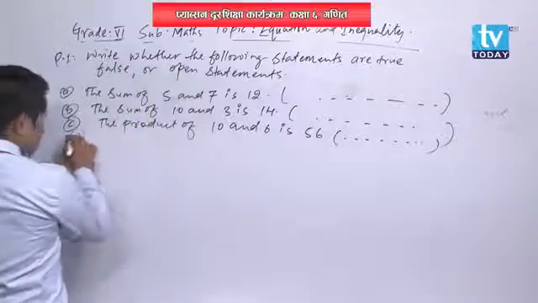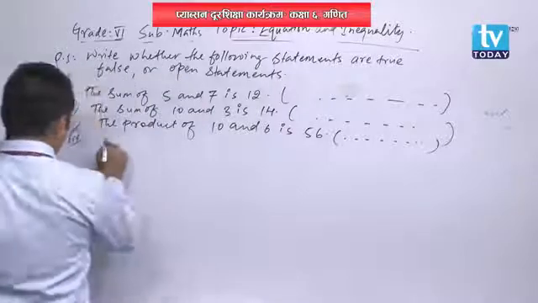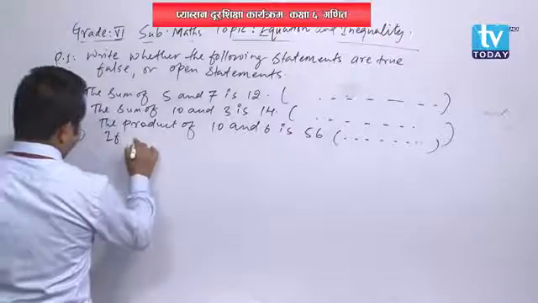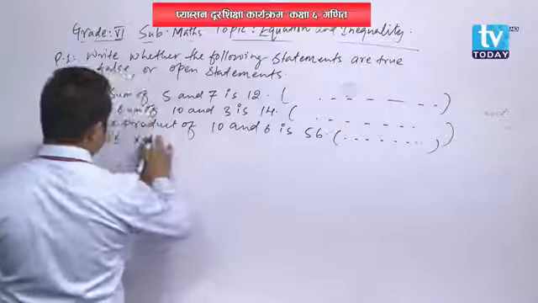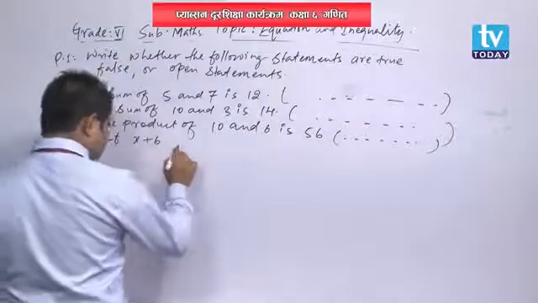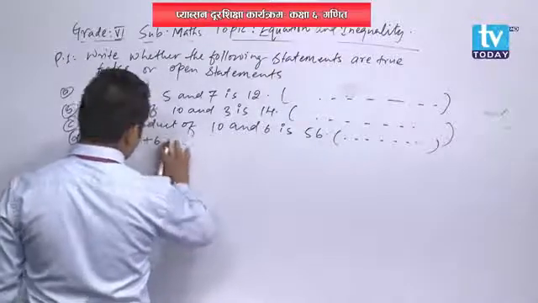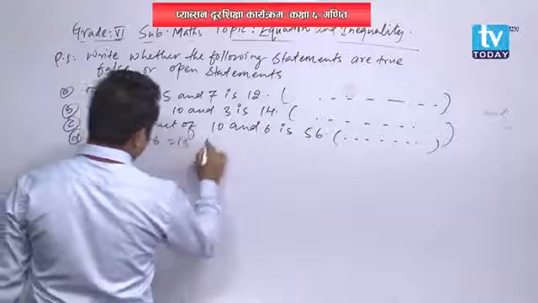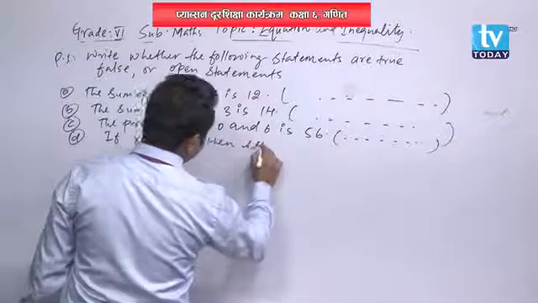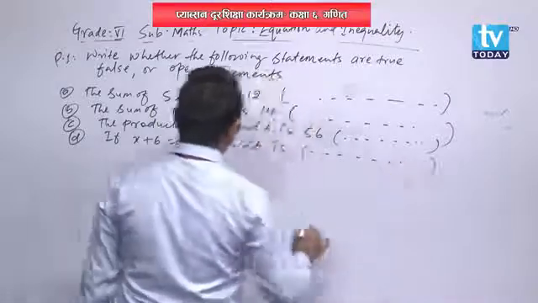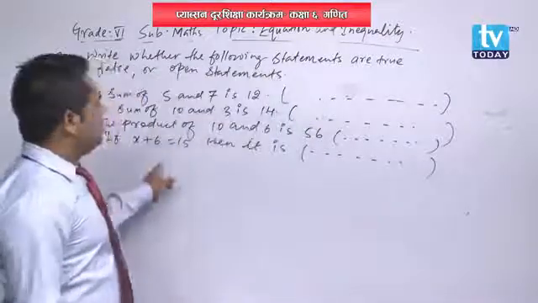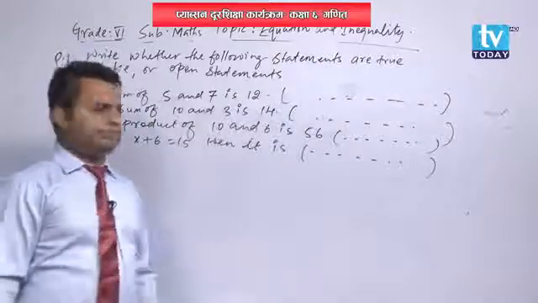Number D, if x plus 6 equals 15, then what kind of statement is it? This is a true statement, false statement or open statement.